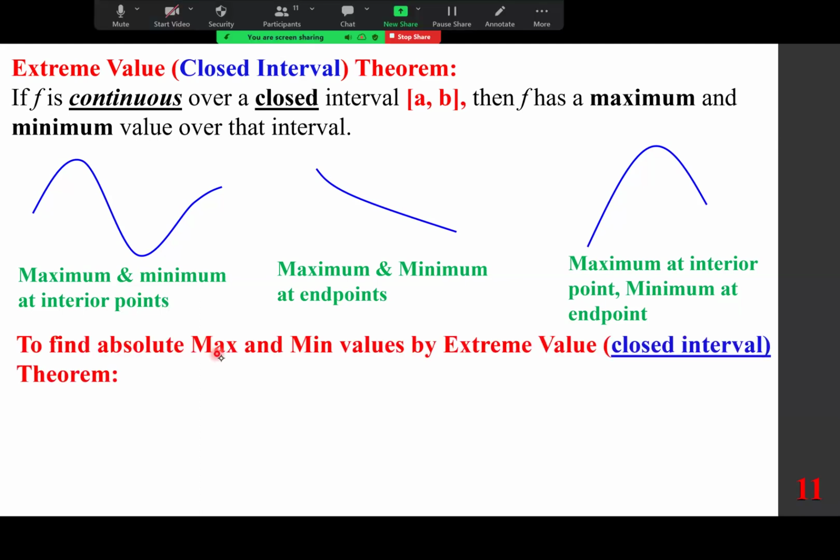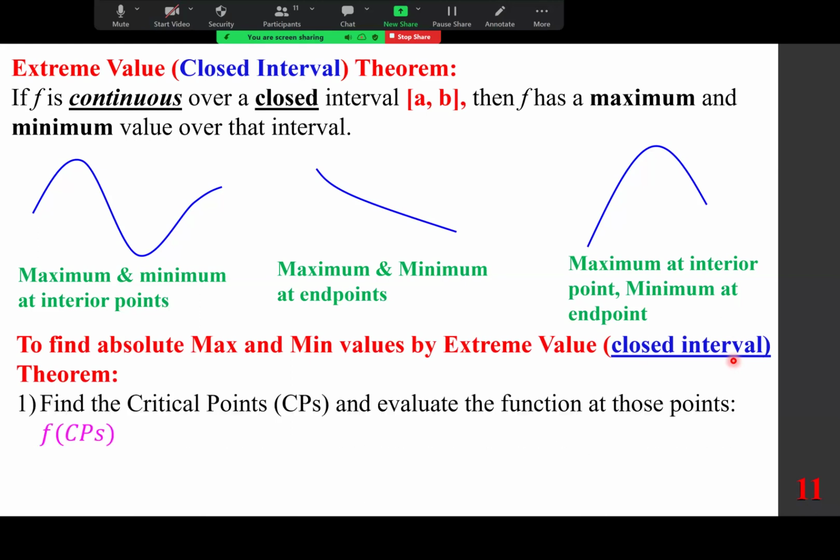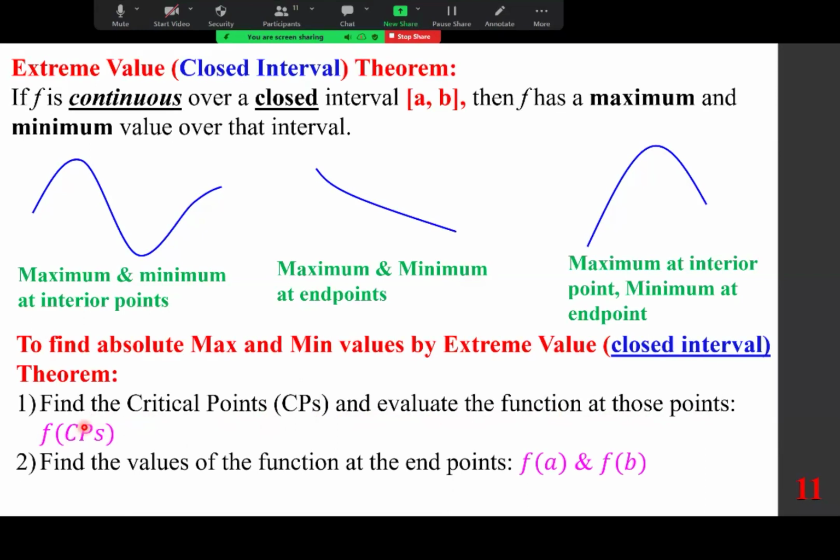To find the absolute max and min values by the extreme value, or closed interval, theorem: number one, find the critical points, CPs, and evaluate the original function at those points, f of CPs. Number two, find the values of the function at the endpoints, f of a as well as f of b.